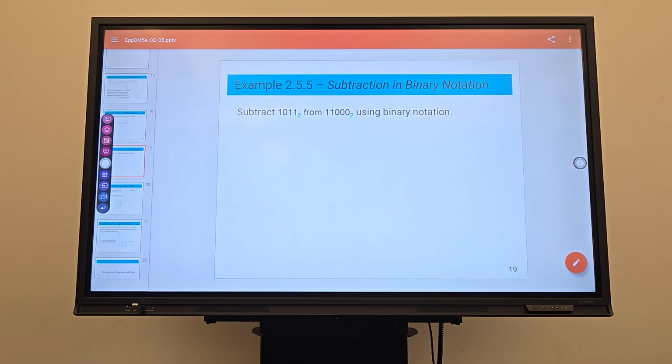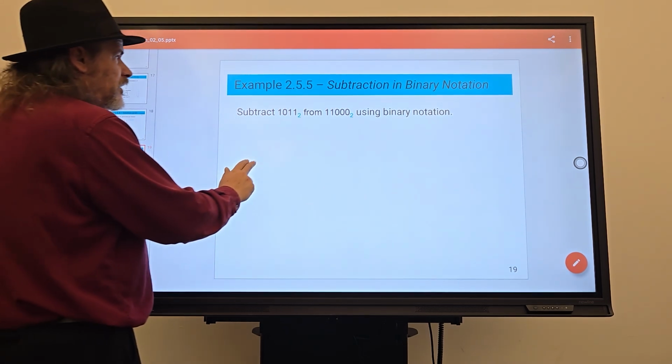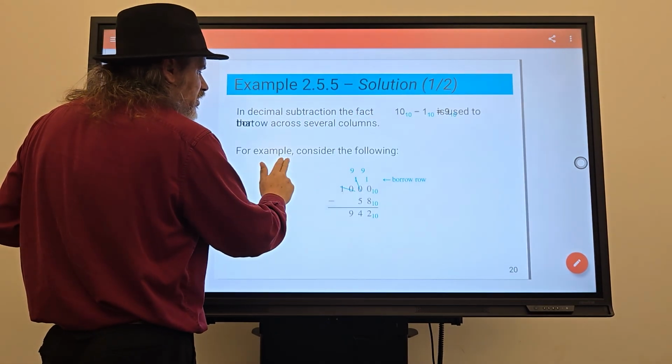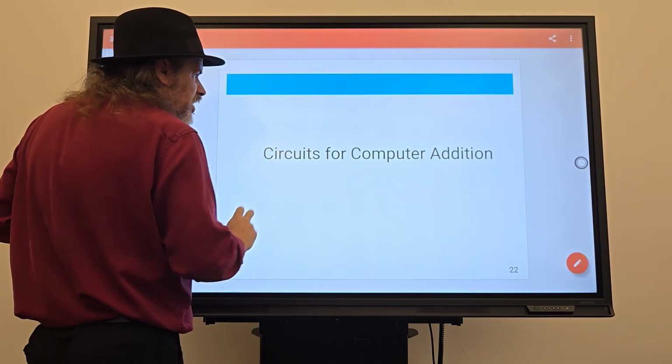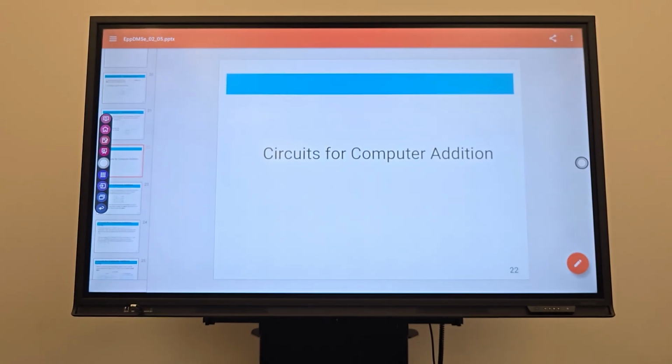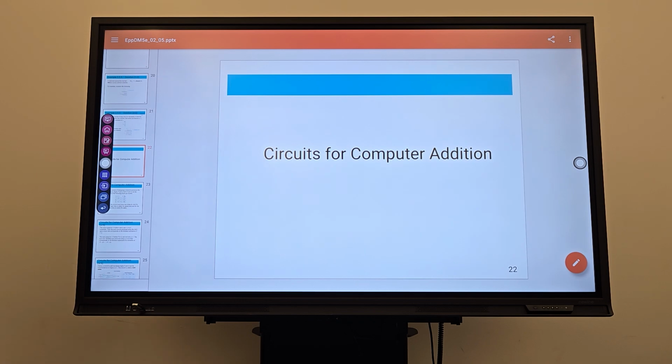Computers don't work that way. So the more efficient way of doing it will be covered in a little bit. So I'm going to kind of skip over this. Circuits for computer addition. We'll get back to the subtraction in just a minute.